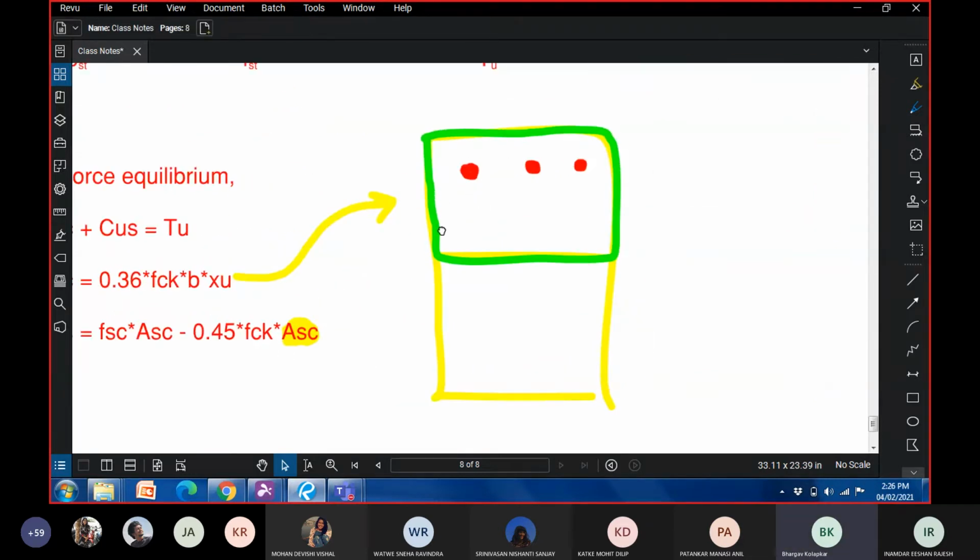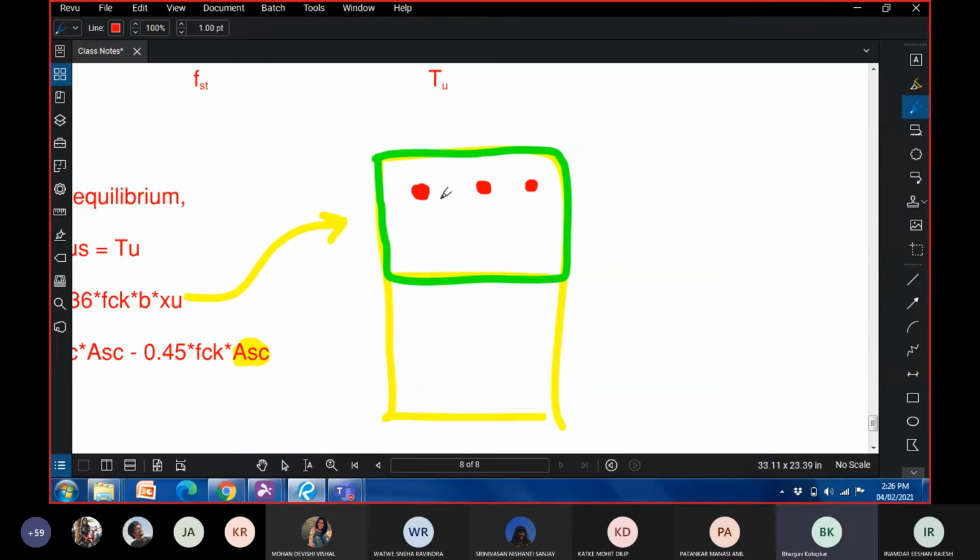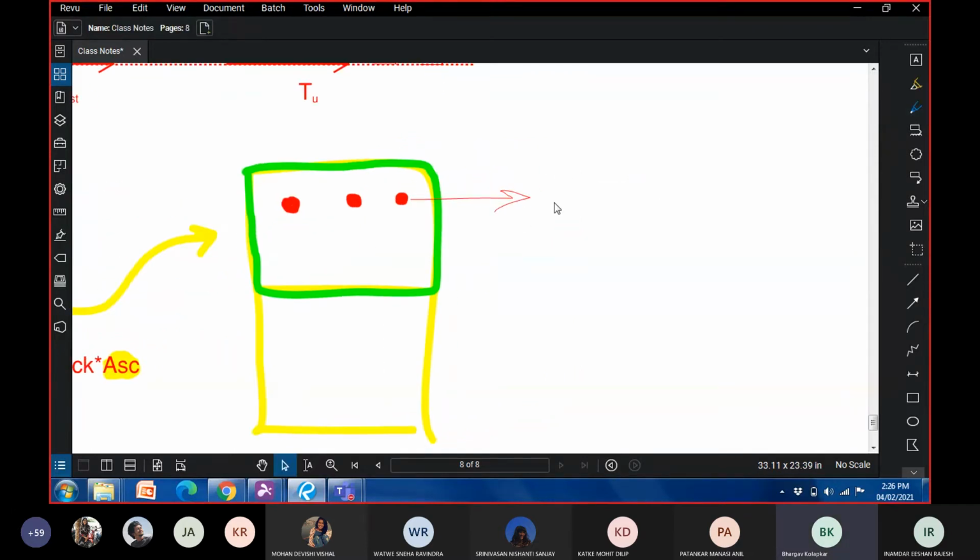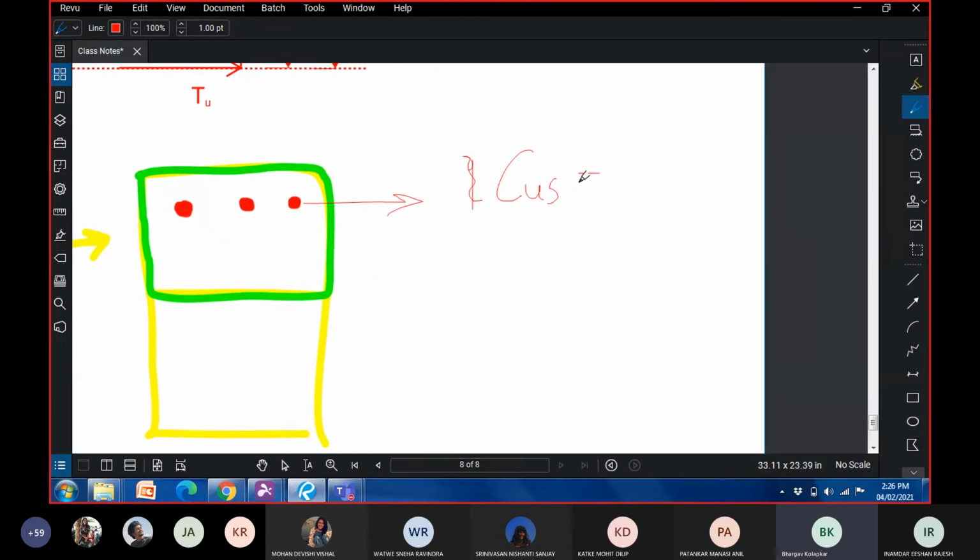Okay, just a minute. So this rebar, actually, the force in this rebar, let us say CUS, is equal to stress times area. The stress is FSC, the area is ASC.